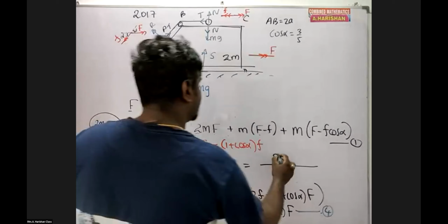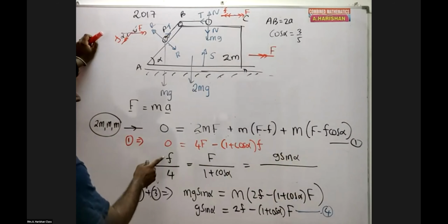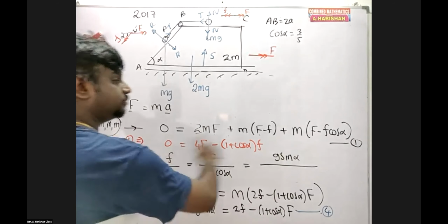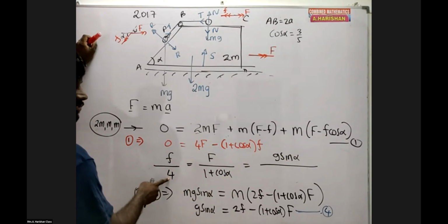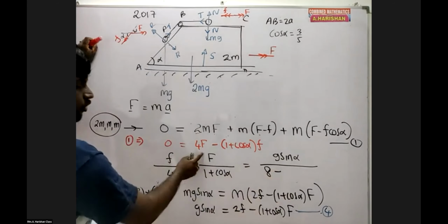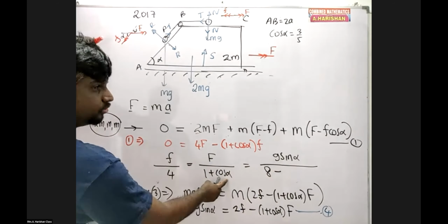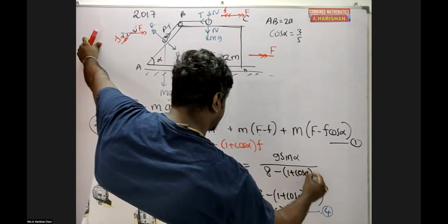So I put g sin alpha here. So what I have to do, I have to make 2s here. I have to make 1 plus cos alpha here. I subtract it. So top and bottom, I multiply by 2. Then this will be 8. So 8 minus, top and bottom, I multiply by 1 plus cos alpha. This will be 1 plus cos alpha whole thing square. So that's it.